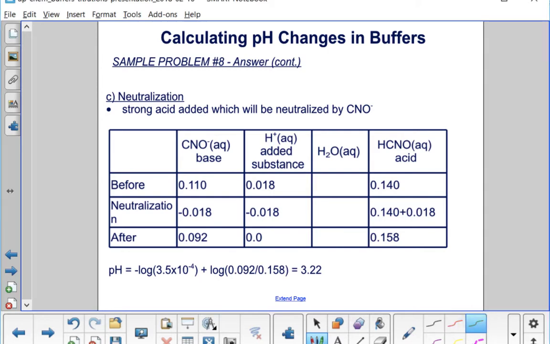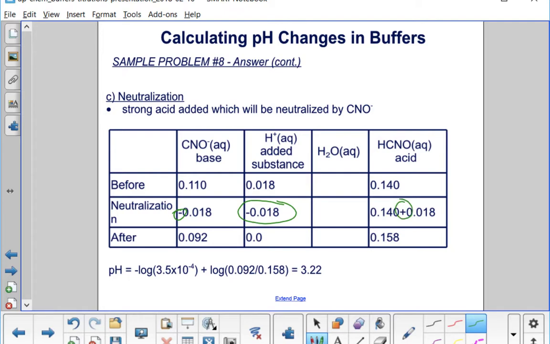And again, the biggest thing we have to remember here is that we assume all of the strong acid is neutralized by the buffer. So we use up all of the H+ by neutralizing it with the base. So the base is going to decrease by that same amount as it is used to neutralize the acid, which means that the conjugate acid here will increase by that amount.